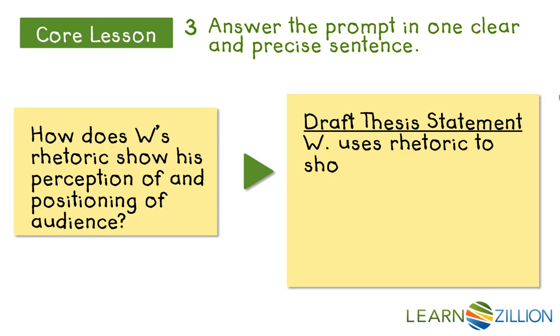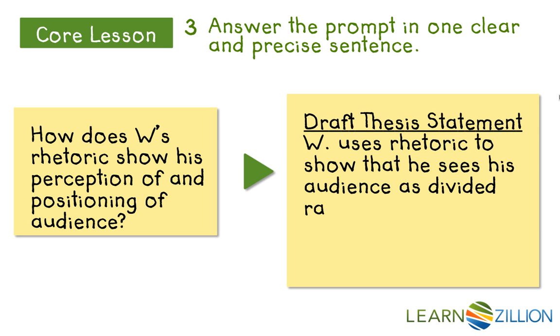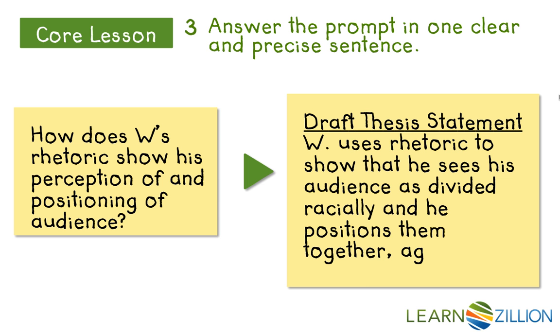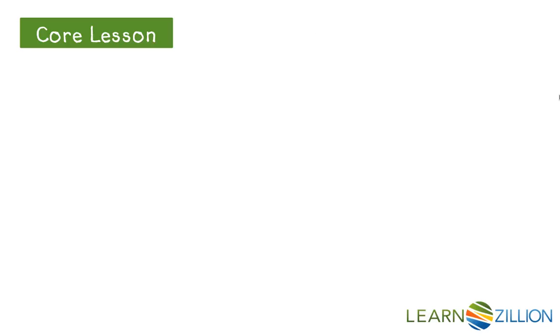So Washington uses rhetoric to show that he sees his audience, and here I'm going just off the cuff, as divided racially, and he positions them together against slavery. And that's just from reading over all the ideas that I had already highlighted. Those are just what I've got floating in my head so far.